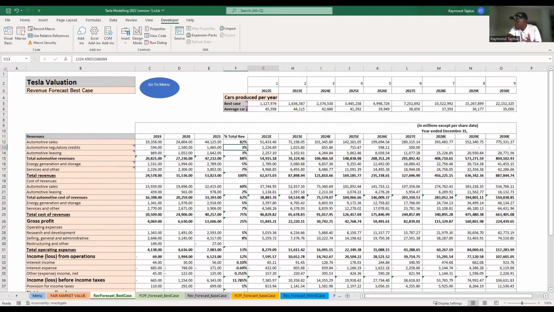So from 2028 to 2030, the revenue generated from this second line will be zero.